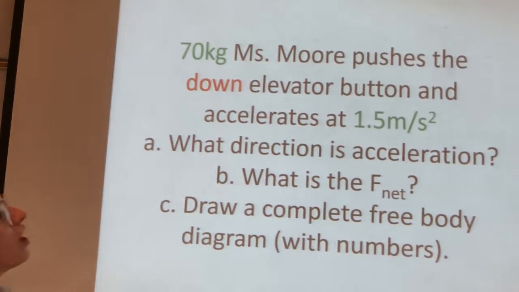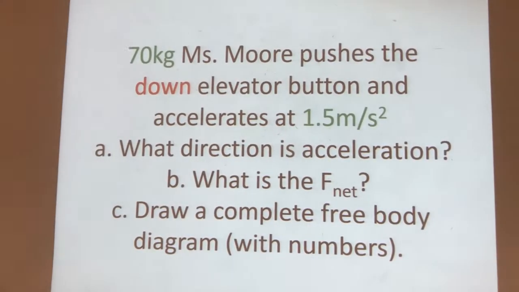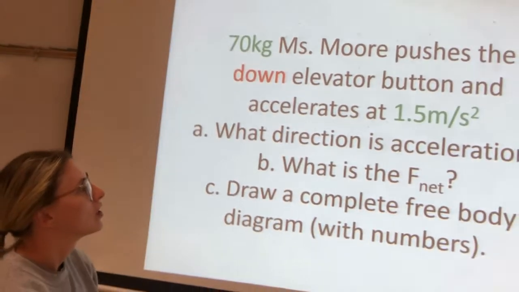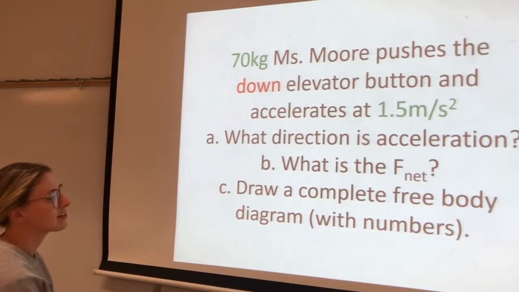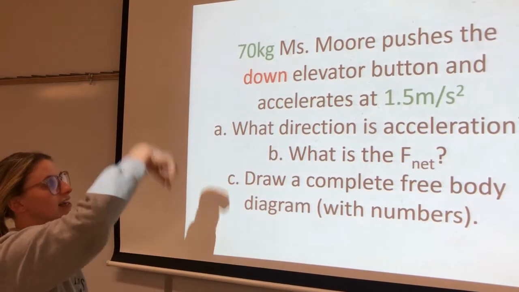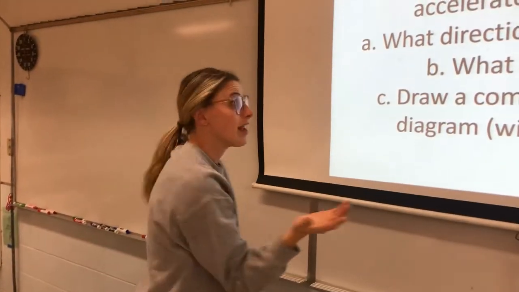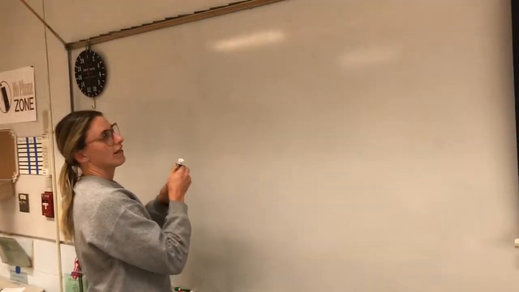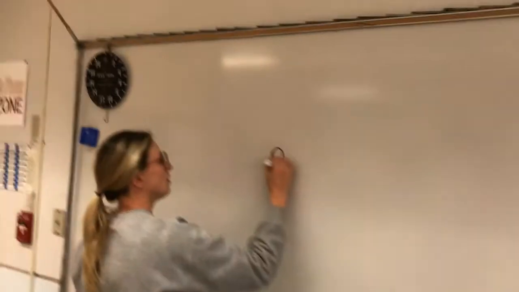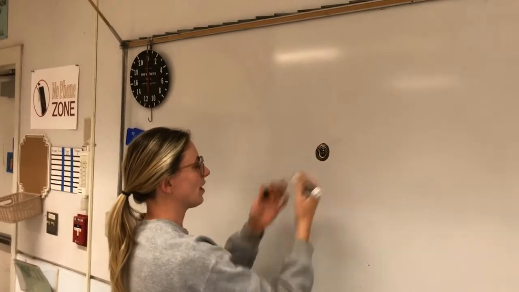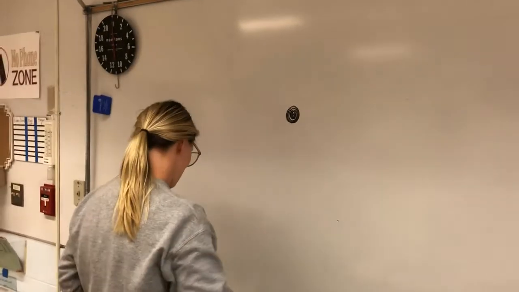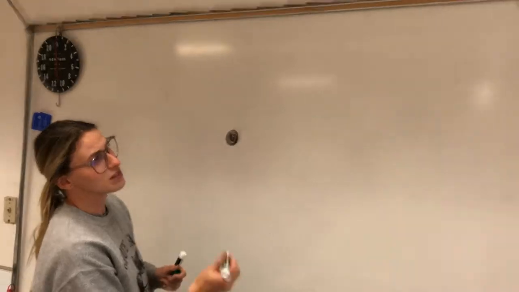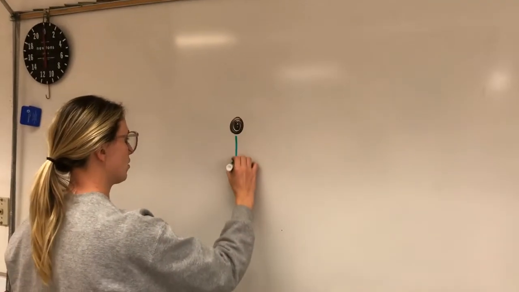My first question: what direction is the acceleration? I'm going down, so my acceleration is 1.5 meters per second squared down, in the negative direction. Okay, let me go ahead and start drawing this. Here's me, I've been reduced to a dot. Let's start with 70 kilograms.